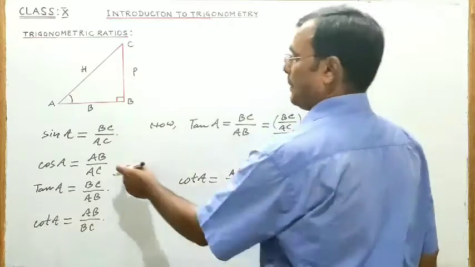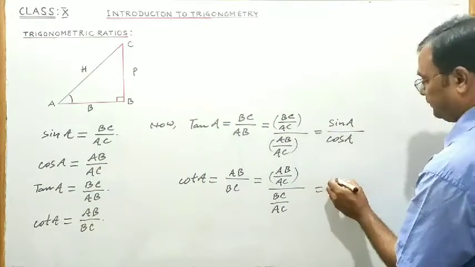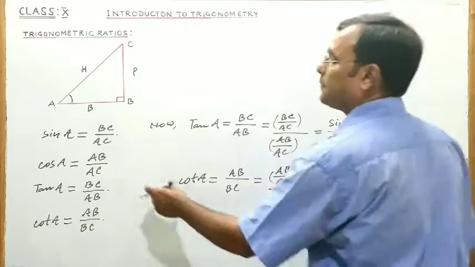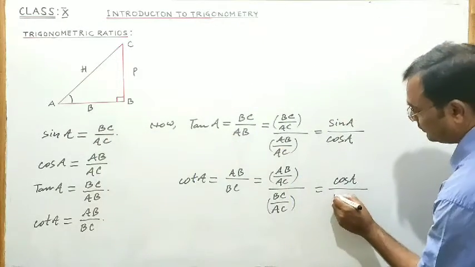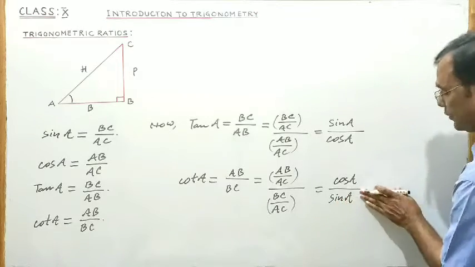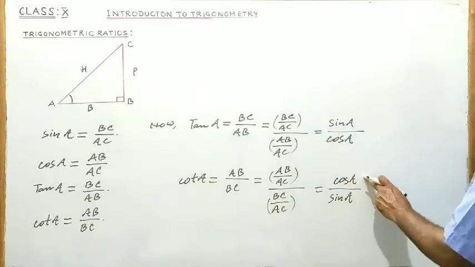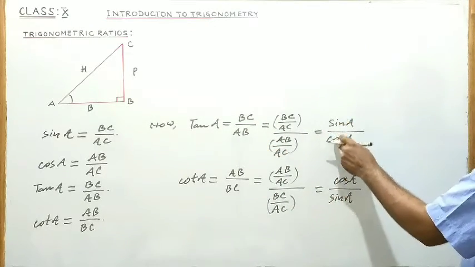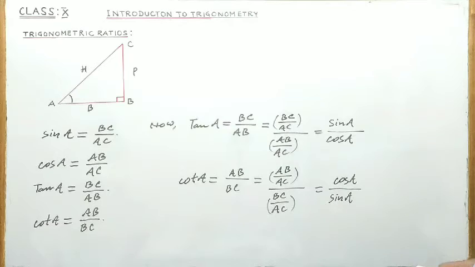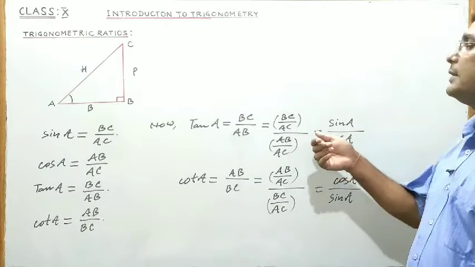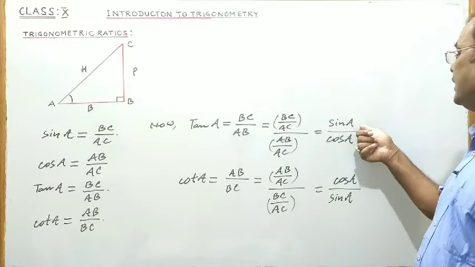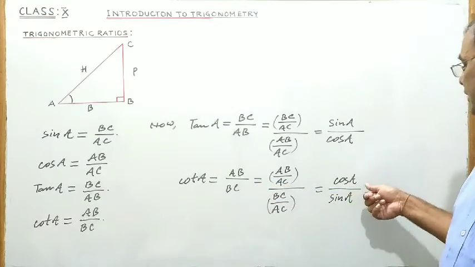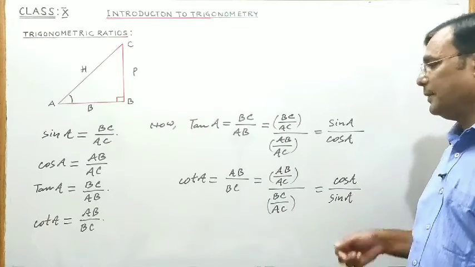AB by AC is cos A upon BC by AC, sin A. So cot A is equal to cos A by sin A, and tan A is equal to sin A by cos A. Tan A can be expressed in terms of sin and cos as sin A by cos A, and cot A can be expressed in terms of sin and cos as cos A by sin A.